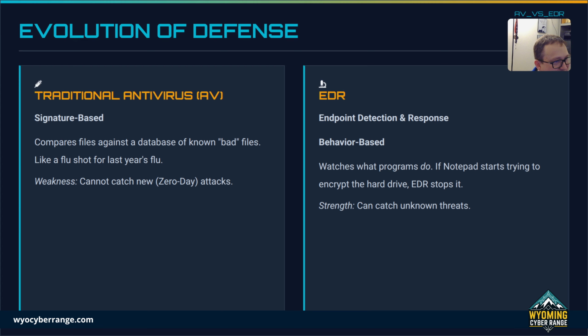All right, now let's move on to what we do now. EDR, endpoint detection and response. This is behavior based, okay? It watches what programs do. If Notepad suddenly starts trying to encrypt your hard drive, EDR knows that behavior is not right and tries to stop it, even if it's never seen that specific virus before.